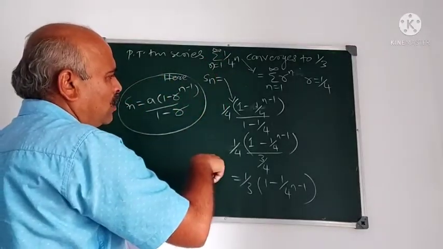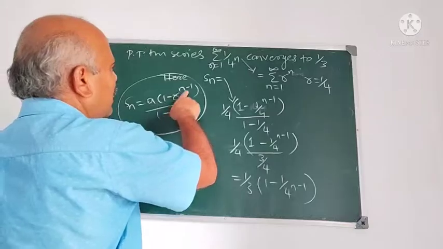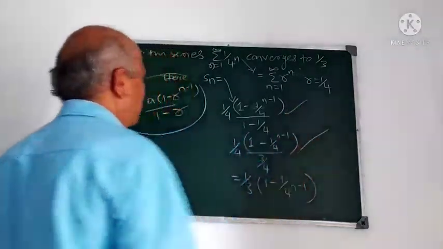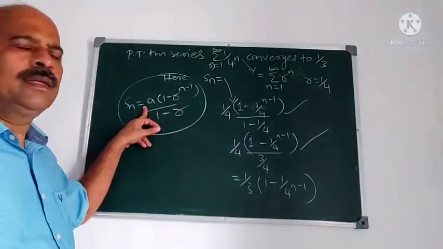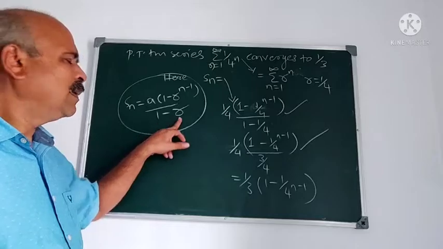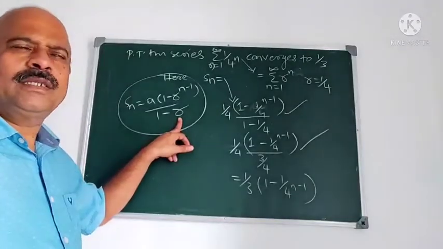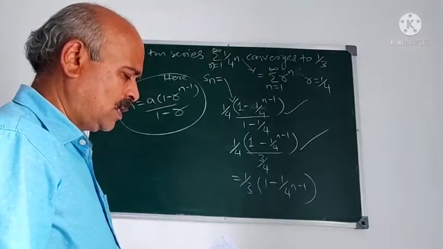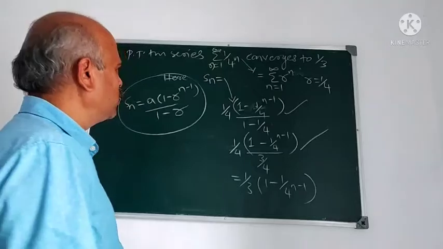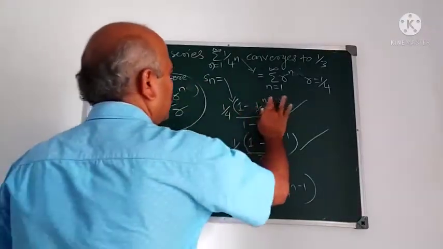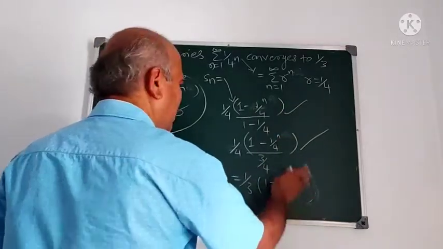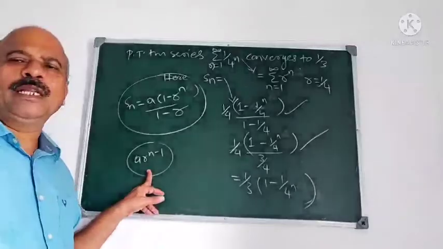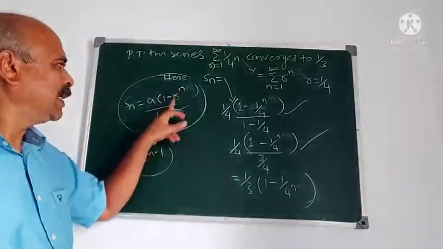What is the sum to n terms of a geometric series? It is a into 1 minus r raised to n upon 1 minus r. Note that a into r raised to n minus 1 is the nth term, the formula for Tn. But the sum to n terms is a into 1 minus r raised to n upon 1 minus r.